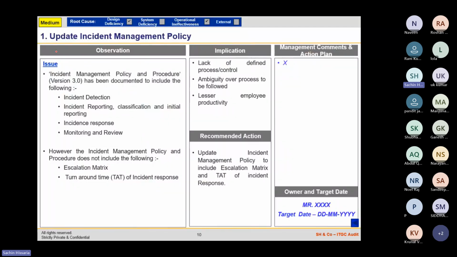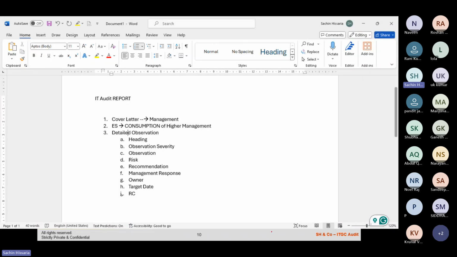You can see here, this is your observation heading, this is your observation rating, this is a root cause, this is the detailed observation, this is a risk or implication, this is a recommendation, and then you will take the management actions and comments from the auditee. And then this is the owner and target date. Okay, so this is the high level content of an audit report.